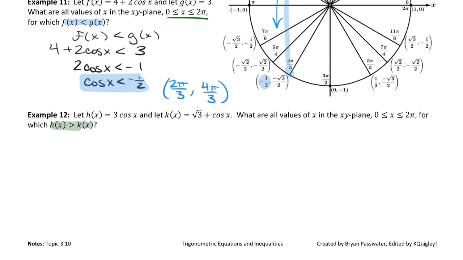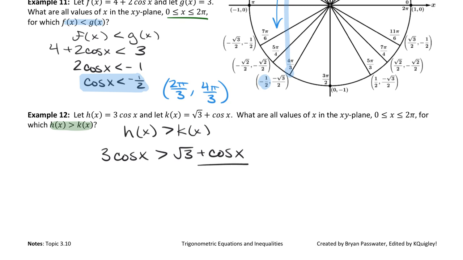Okay, we're wanting to solve this inequality, so we set it up the way we had been working. We're going to do h of x greater than k of x. h of x is 3 cosine of x, and k of x is square root 3 plus cosine of x. Before we pause and panic, are there any squared terms here? No, so I can use linear ideas to solve this, which means I want to put all of the cosines on the same side.